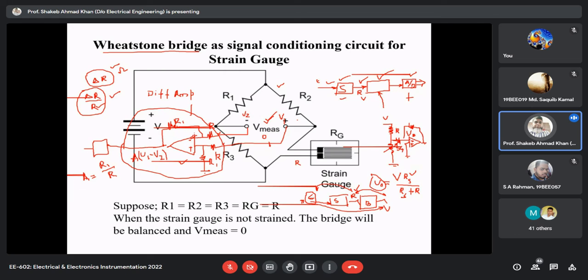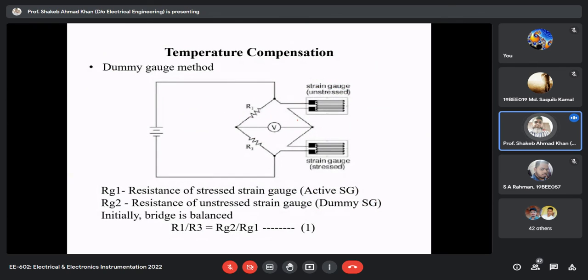Generally we don't want this to happen. This is the pertinent situation in a strain gauge, a potential imperfection, you can say. So we require some signal conditioning circuit or way to make our system insensitive to temperature change and sensitive to the strain.